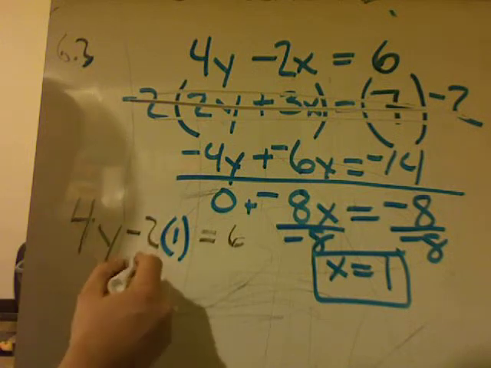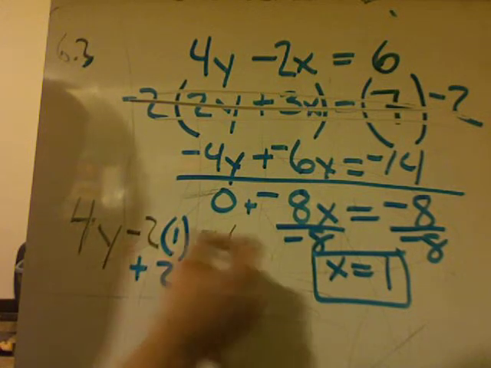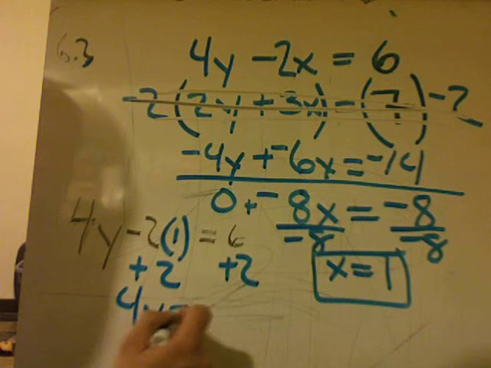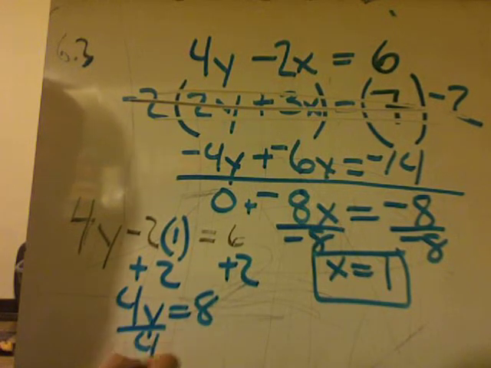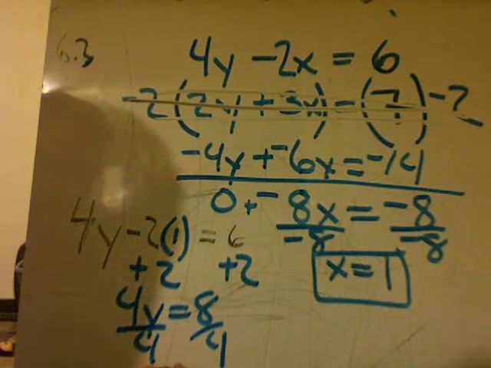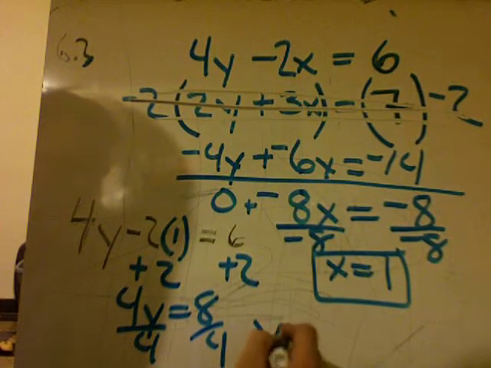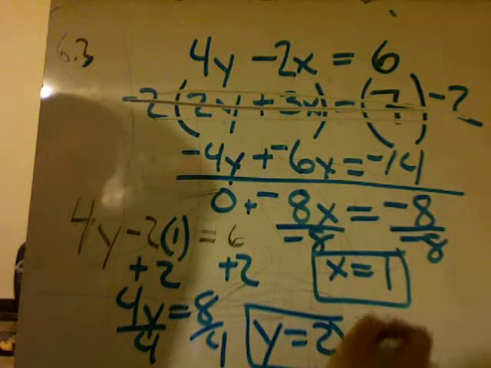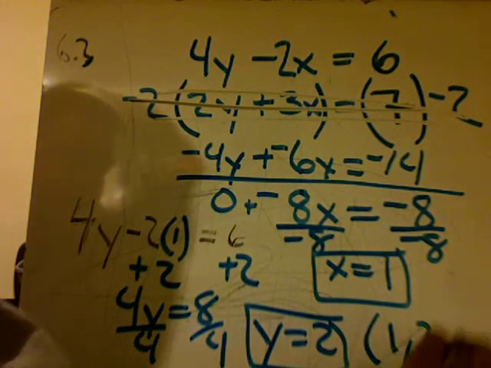Okay, so I'm going to add 2 to both sides here. So I've got 4y equals 8. Divide by 4, divide by 4. Make sure you can see that. So y equals 2. Okay, so my solution here is (1, 2).